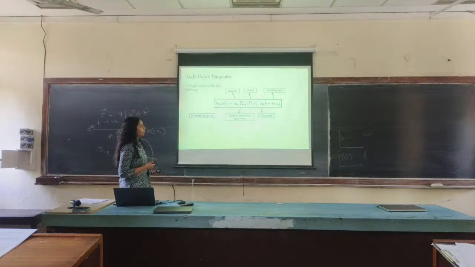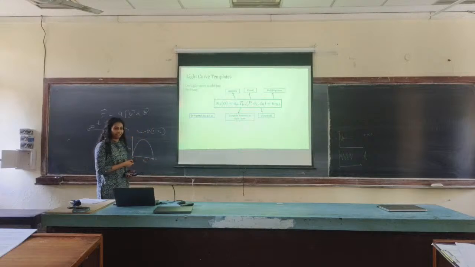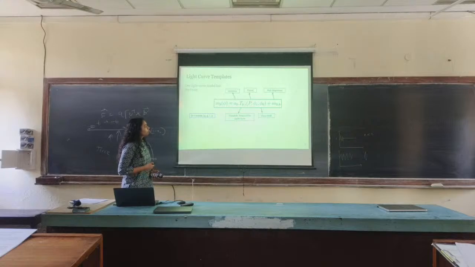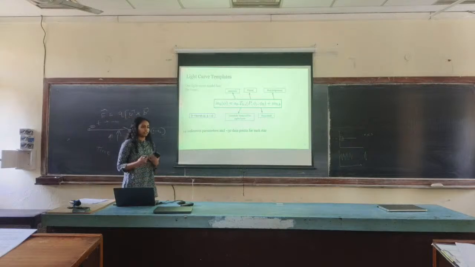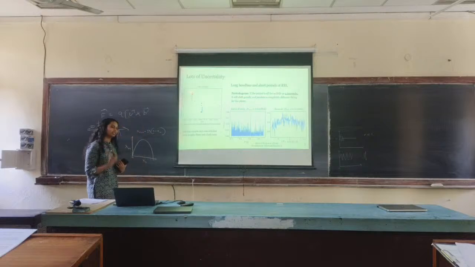All of these parameters are also dependent on the different bands, the U, G, I, and Z bands that the data was collected from. The main point I'm trying to make here is that there are 14 unknown parameters, but only 30 data points for each star for us to model them, which brings us to lots of uncertainty.